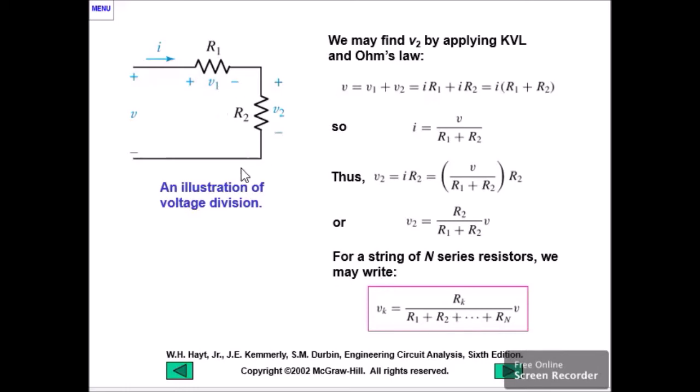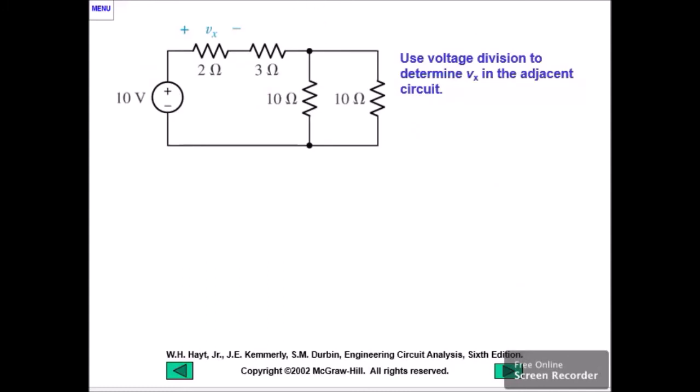Kung may tatlong resistor dito, edi sum mo lahat. Okay? Basta the thing is the sum of all the resistance na nasa series times the voltage source. Okay? So, ganun lang siya. So, you have examples there sa book. You solve it. So, we have here example. I might insert clip here, video clip on this part.